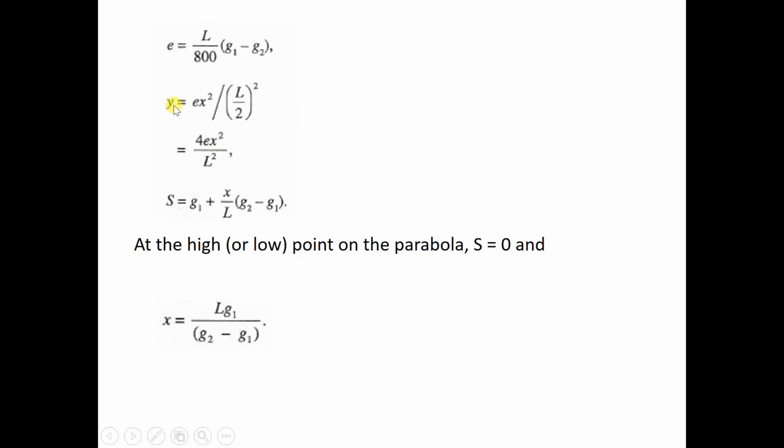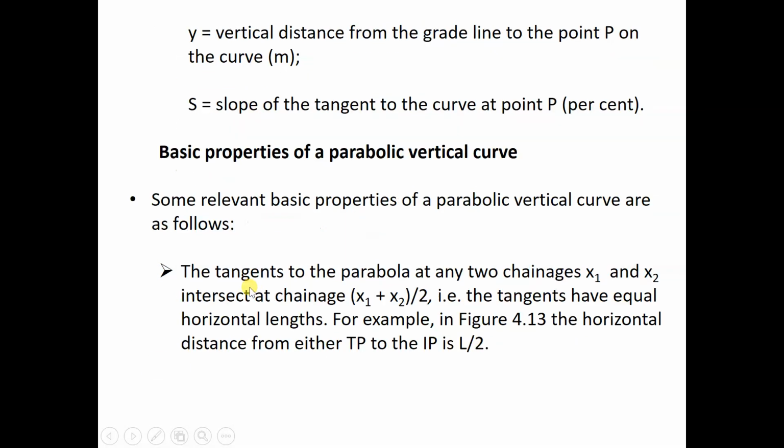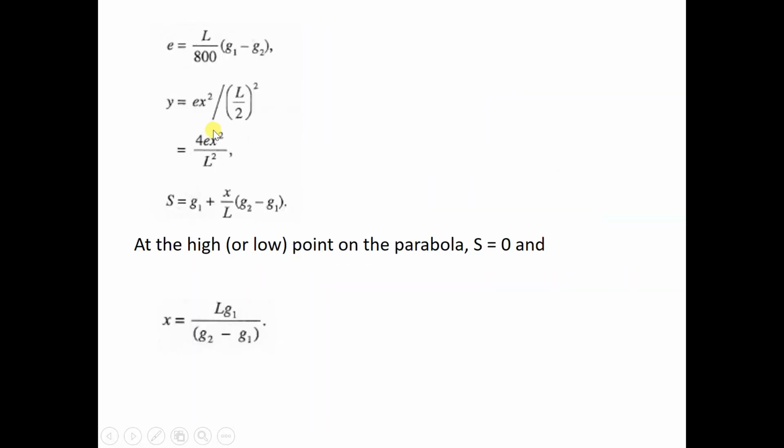So y is a vertical component, x is a horizontal component, and the relationship is that y is proportional to the square of x. So this is the relationship of the parabola.